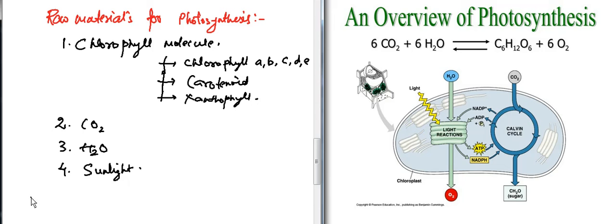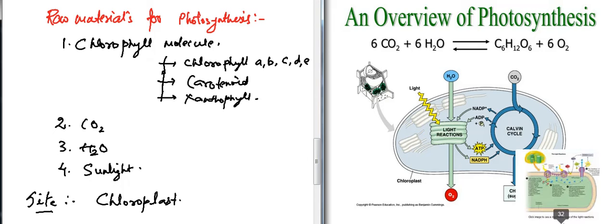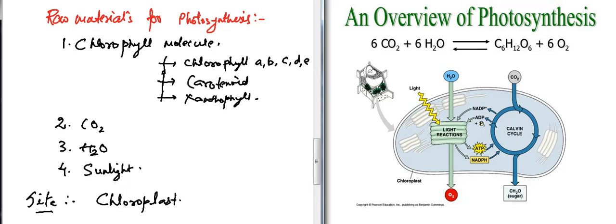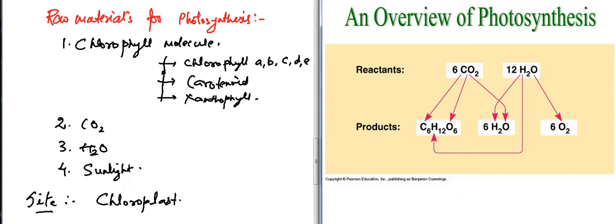And the main thing, the site where this will occur, is the chloroplast. So first of all, we have to see the structure of the chloroplast, how the internal physiology is there, how they are formed, how photosynthesis is going on, and what are the steps behind that.